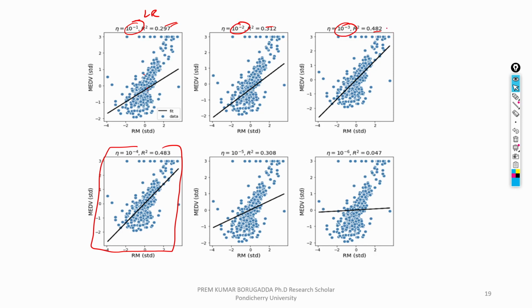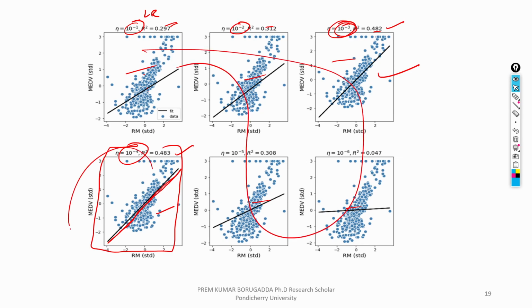Compare this 0.42 with this 0.483. Compared to the other five figures, here the black regression line passes through most of the data points, so the error is very low. Low error means the accuracy, the R2 score, is higher.